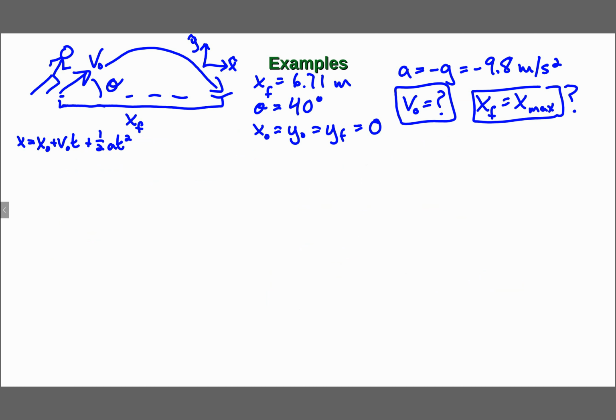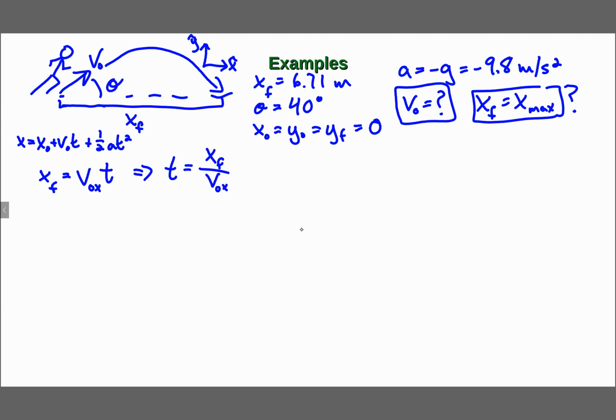So now let's look at our motion in each direction. In the x direction, we have x final equals, remember x naught is 0, so v naught x times time. And that tells us that we can rearrange and say that time is equal to xf over v naught x.